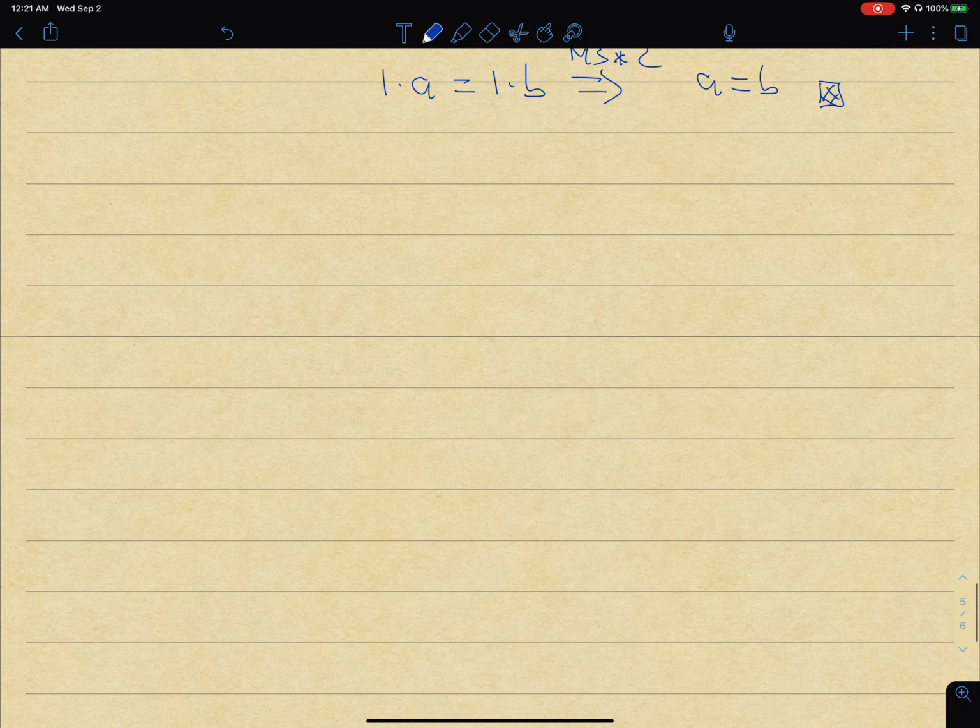Number 6, the last one in this theorem. So I'm going to assume that A times B is equal to 0, and I have to show that at least one of these numbers, either A or B, must be 0.